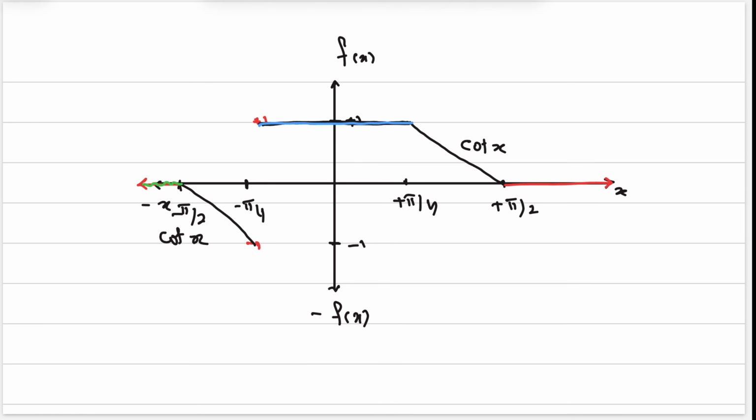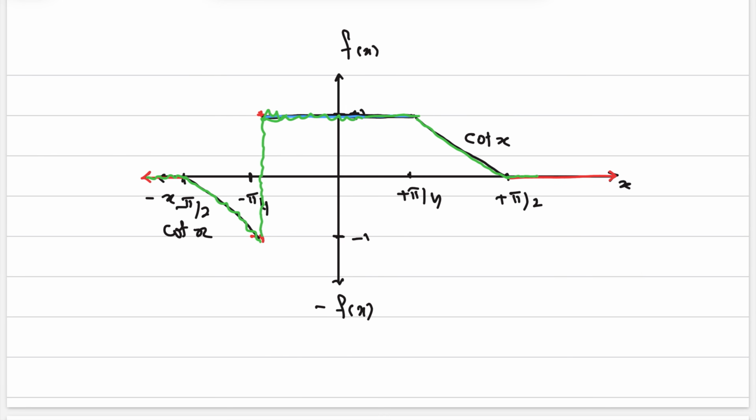When at 50 iterations, when n is equal to 50, it moves this way, and this way, and it moves this way.